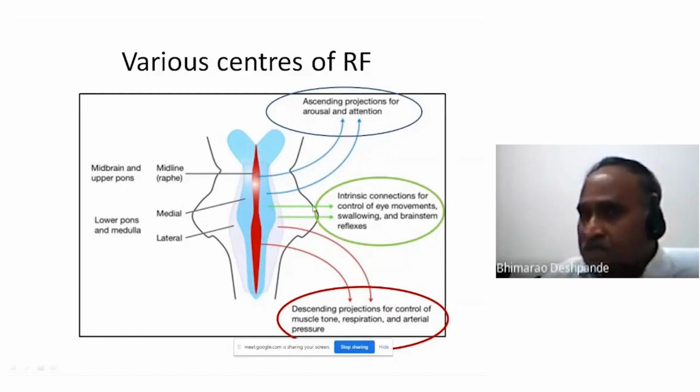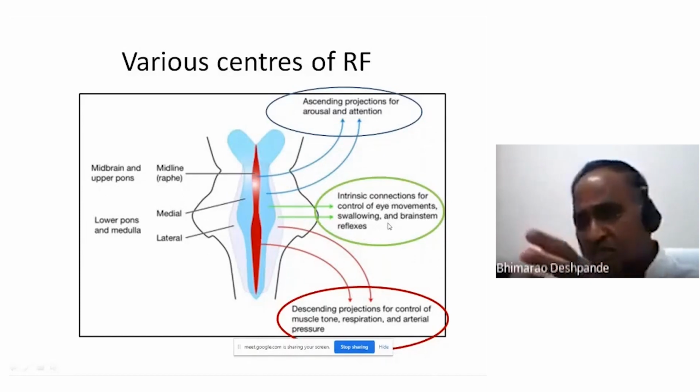These green ones from some of these midline, magnocellular, or parvocellular nuclei are intrinsic connections. These are for eyeball movement, swallowing, brainstem reflexes, respiratory centers, cardiovascular centers, cough, vomiting, and so on.